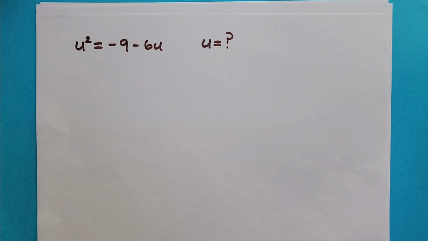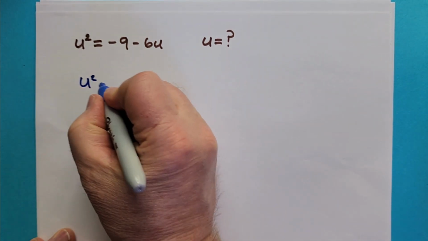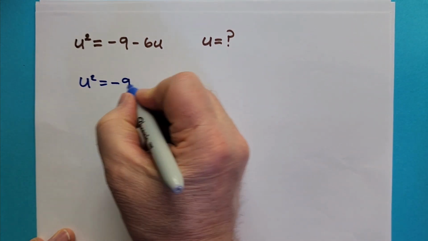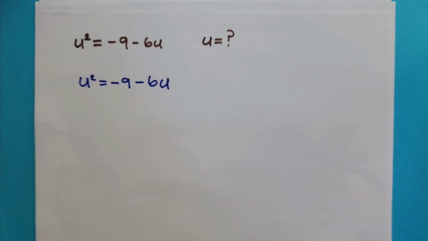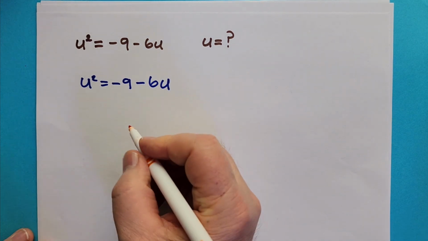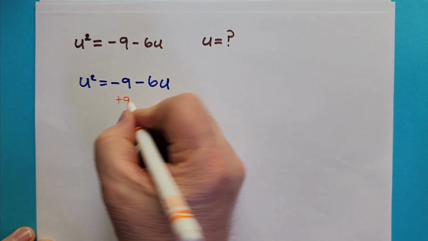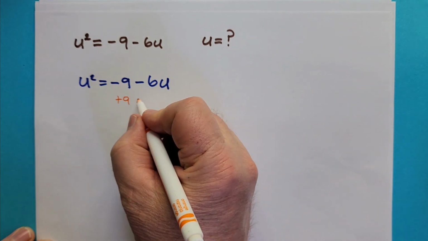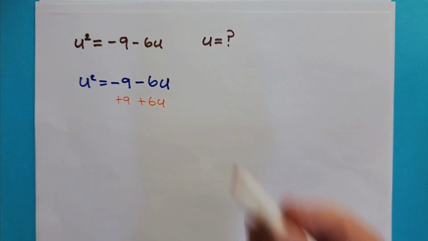Okay, so in order to do this, we have to manipulate a bit. I'm going to just rewrite the problem here and start working on it. And actually, I didn't leave myself a lot of room to make this happen, but it's okay. We're going to go ahead and actually add the 9. And while we're at it, we might as well add the 6u because we've got to get rid of both of those.